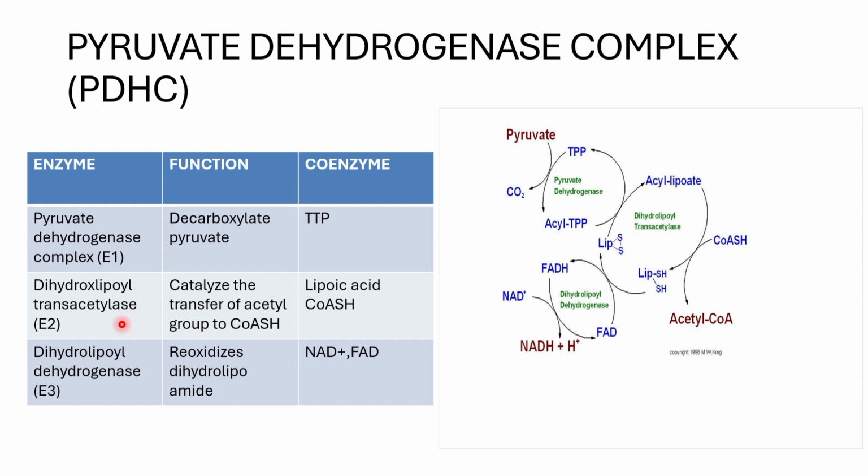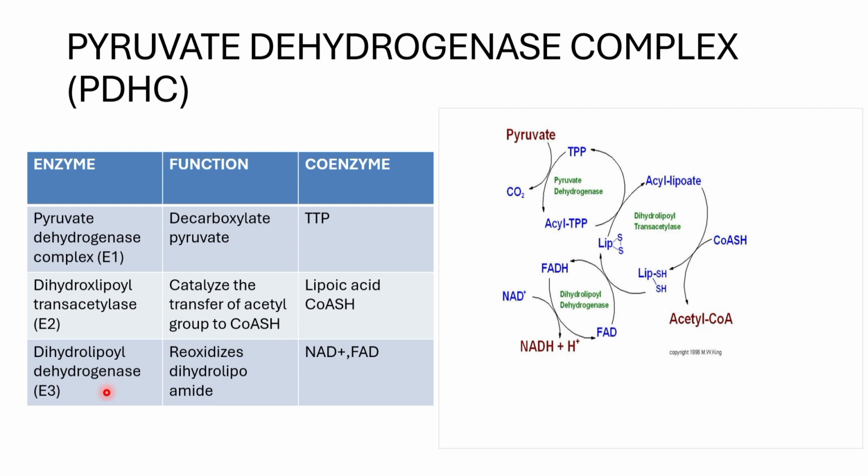The second enzyme is dihydrolipoyl transacetylase. Its function is to catalyze the transfer of the acetyl group to coenzyme A to form acetyl CoA. This is the process that we are going to look at. It has coenzymes lipoic acid and coenzyme A.